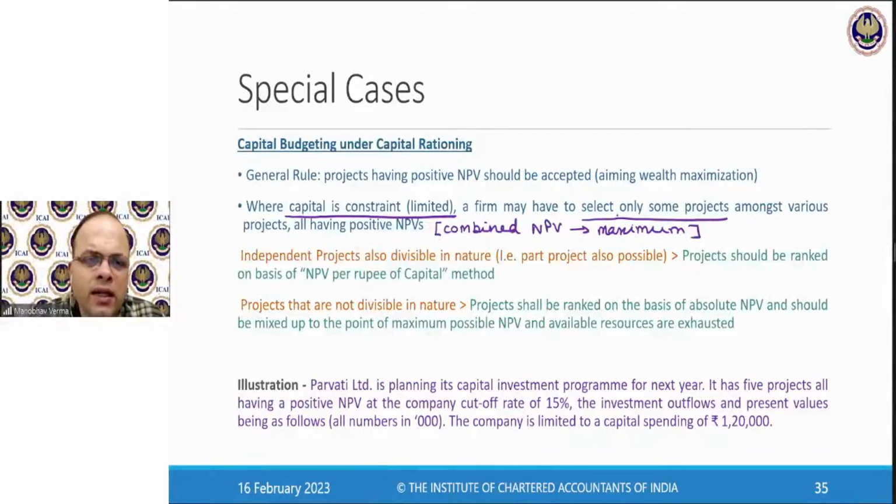Now, when the capital is limited, it also depends on whether my project can be accepted entirely, or whether there is scope to accept the project in part. What I mean is, let's say there is a project in which there are different aspects, different elements, and you can actually select part of the project.